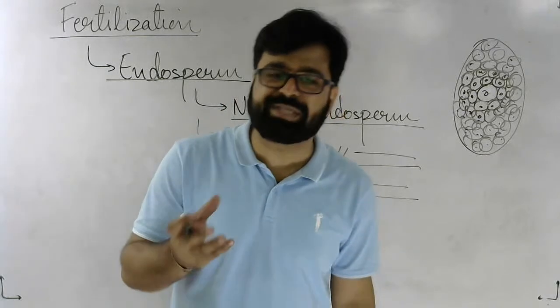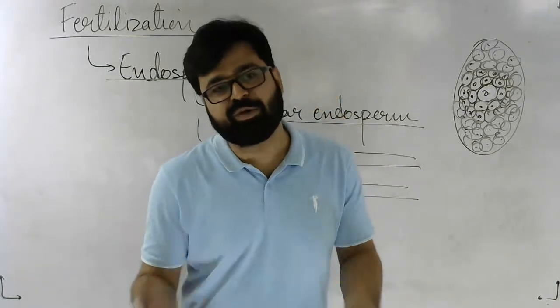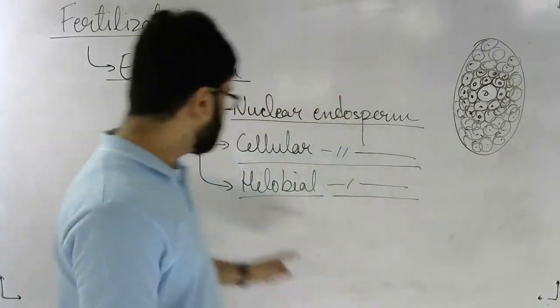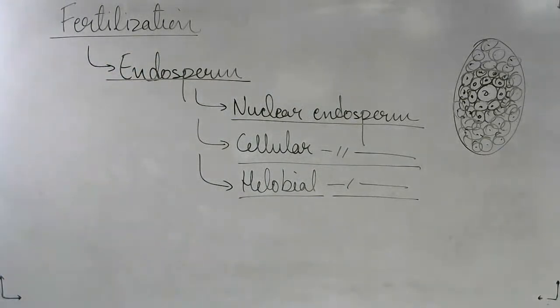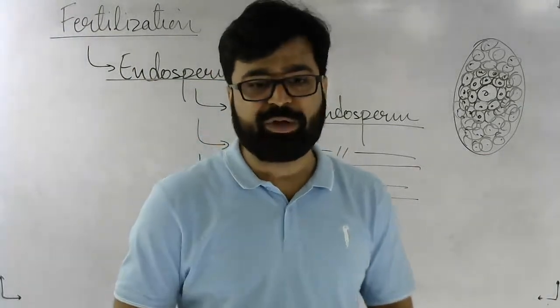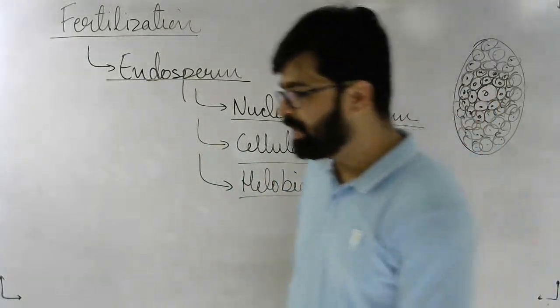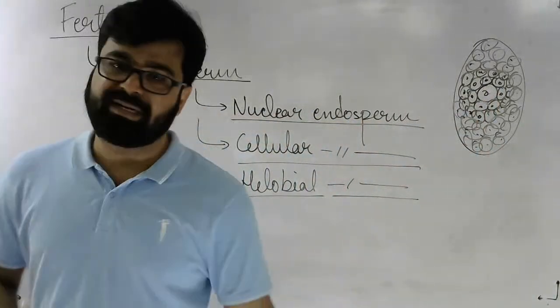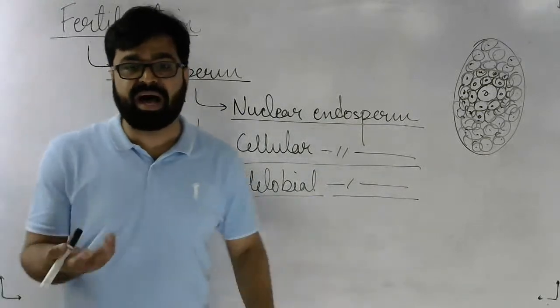So it will give rise to some cell, and many nuclei are also present. That is known as halobial endosperm. And halobial endosperm is found in a plant known as Asphodelus. You need to remember the example actually because it is different and the example is being asked.